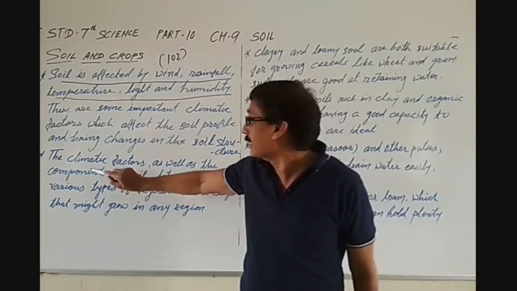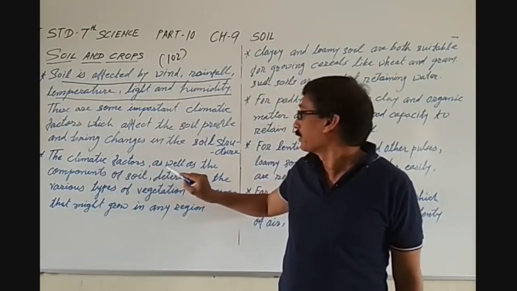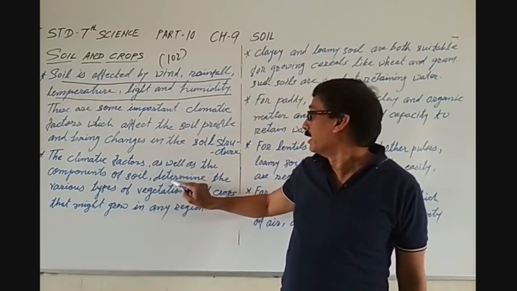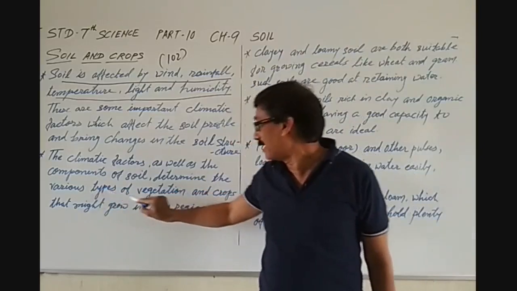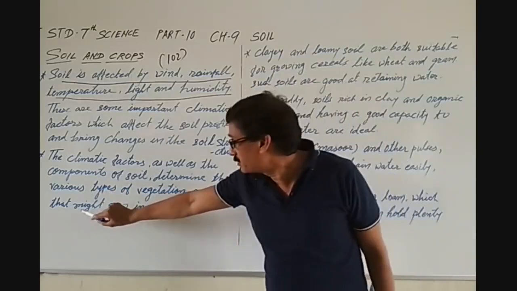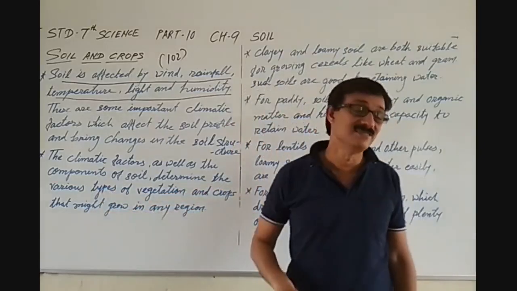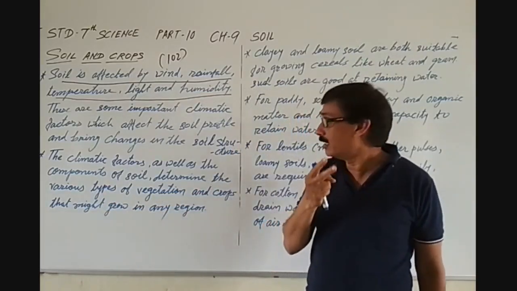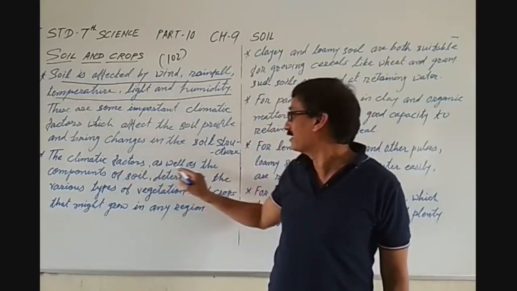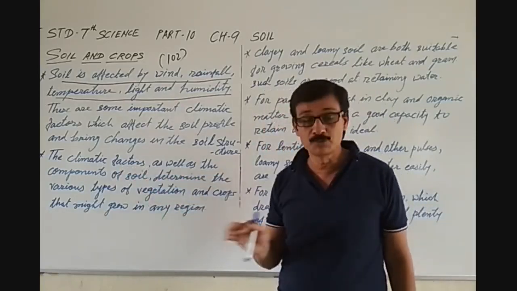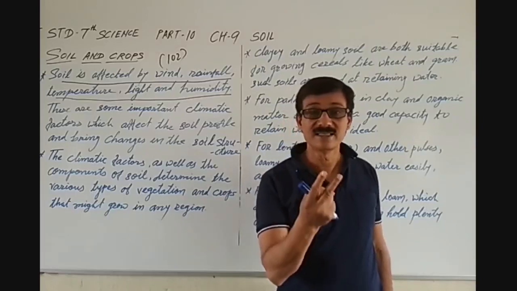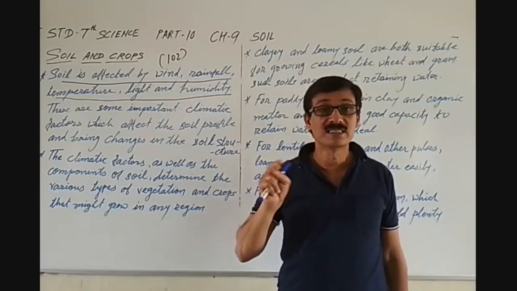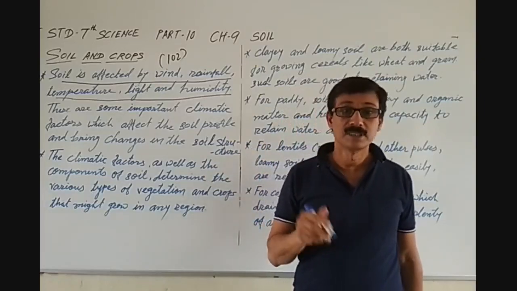See, the climatic factors as well as the components of soil determine the various types of vegetation and crops that might grow in any region. ये दो चीजें तय करती हैं, climatic factors and components of soil, ये दो चीजें तय करती हैं कि कौन सा क्रॉप या वेजिटेशन वहां पे हम उगा सकते हैं, ग्रो कर सकते हैं.